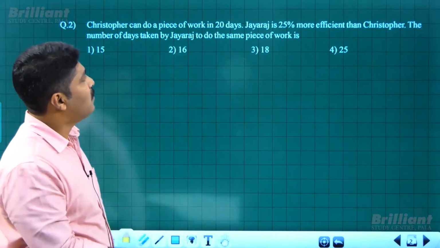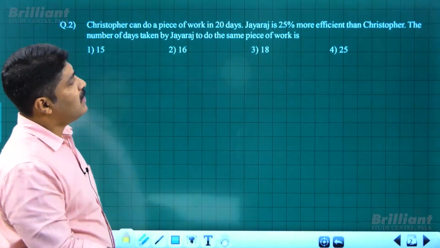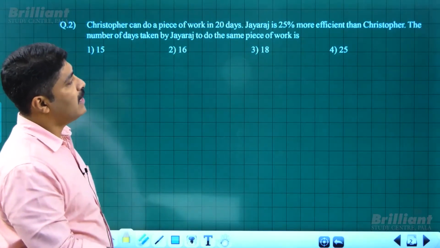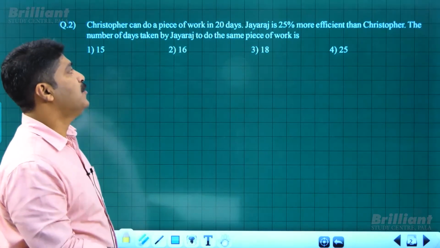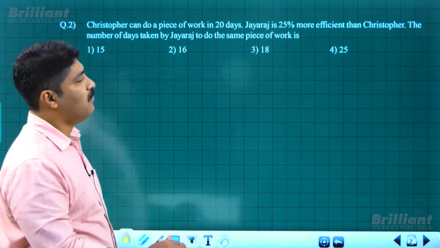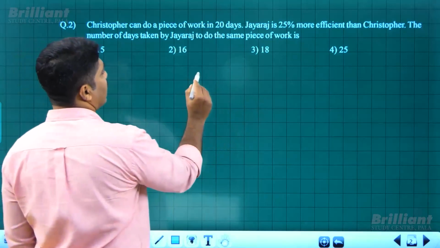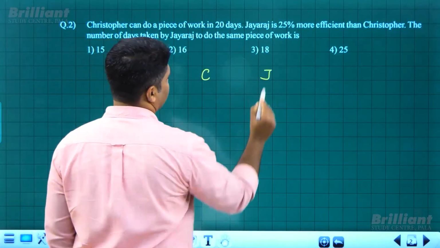Christopher can do a piece of work in 20 days. Jairaj is 25% more efficient than Christopher. Then find the number of days taken by Jairaj to do the same piece of work. So here we are considering two persons, Christopher and Jairaj.